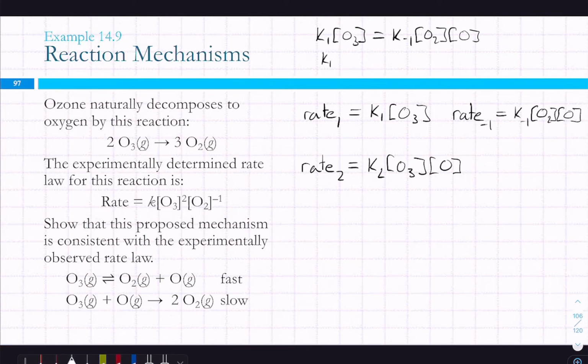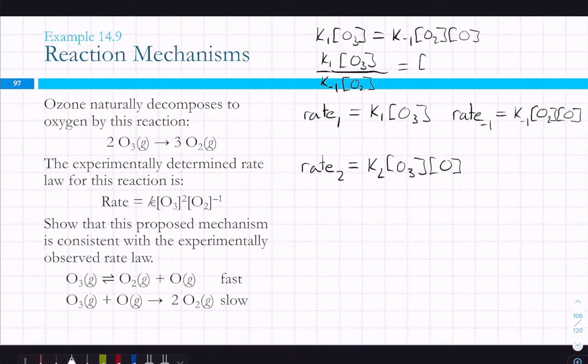It should be K1 over K -1, ozone on top, molecular oxygen on the bottom.